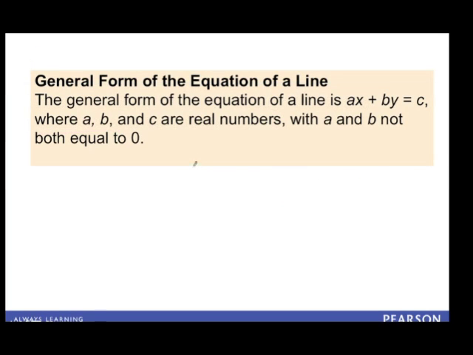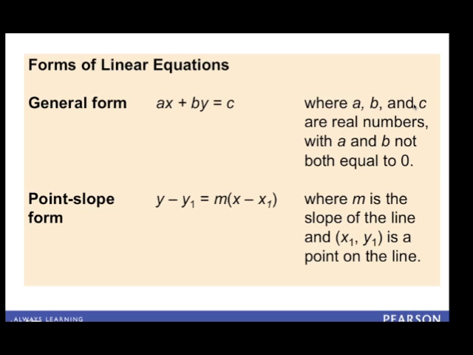In the form of a line, we're working a lot with y equals mx plus b, but the general form is ax plus by equals c. A, b, and c are real numbers, and a and b cannot both be 0, because otherwise, if both were 0, we'd have 0 equals c. That would not work.